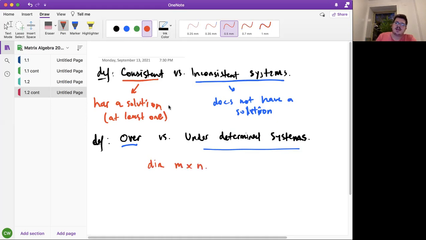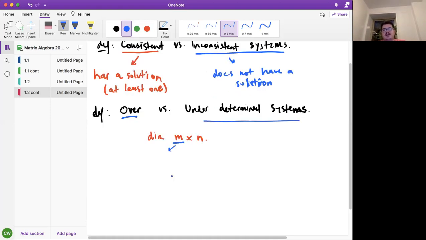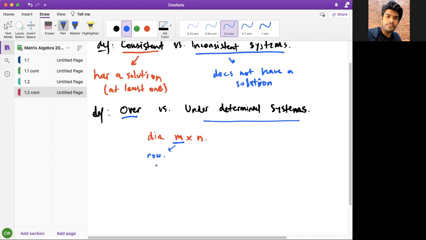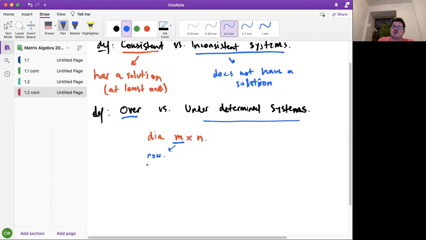Can someone say what the m represents? What's your first coordinate in the dimension? It's the row. And in terms of equations and variables, which is it? Equation. So the rows represent equations. The n is the variable for the columns.